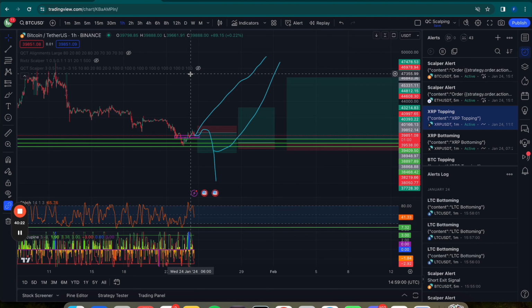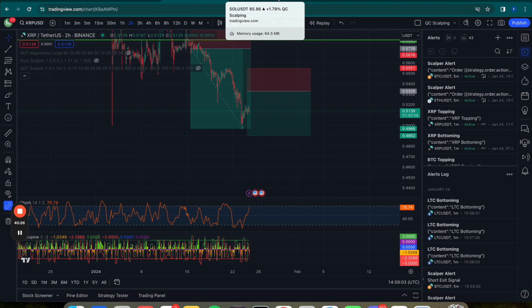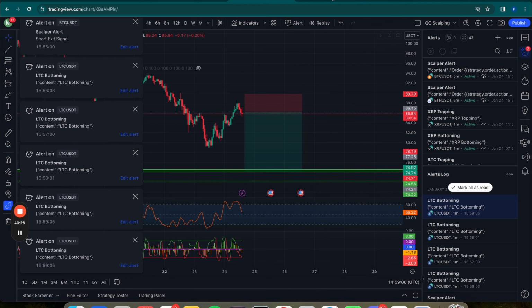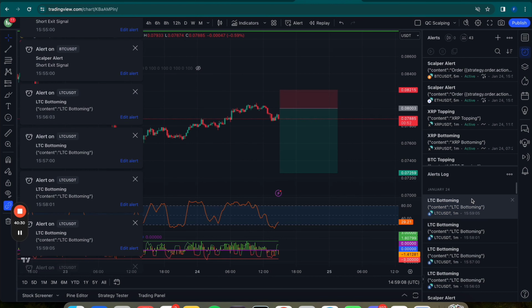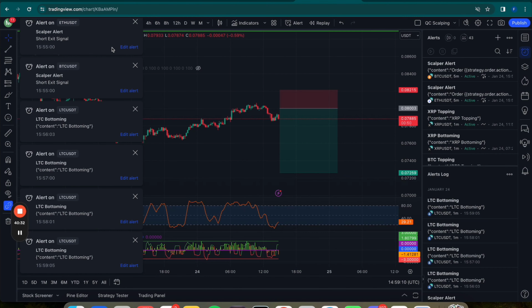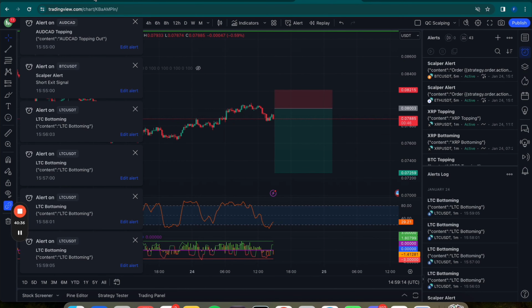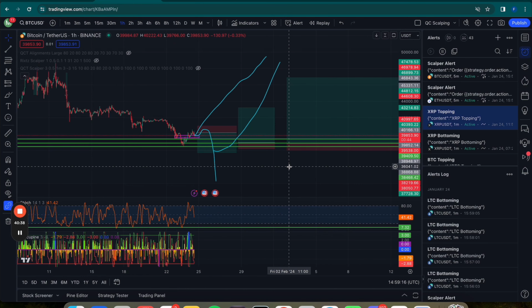And we see that on Bitcoin, but we will extrapolate this onto the other altcoins where we'll expect a short to happen and expect those levels to hit for us to enter the short. And this is the setup. This is the current setup that we're looking at.